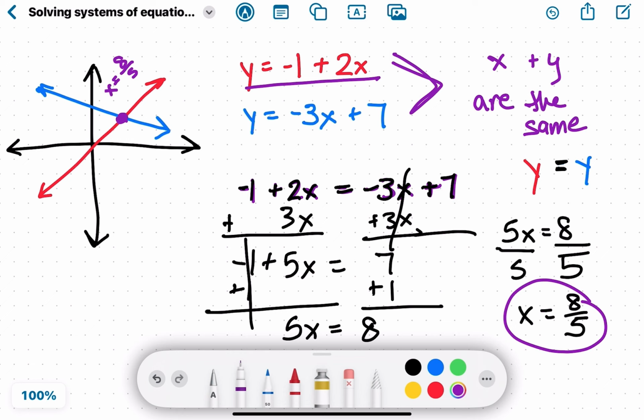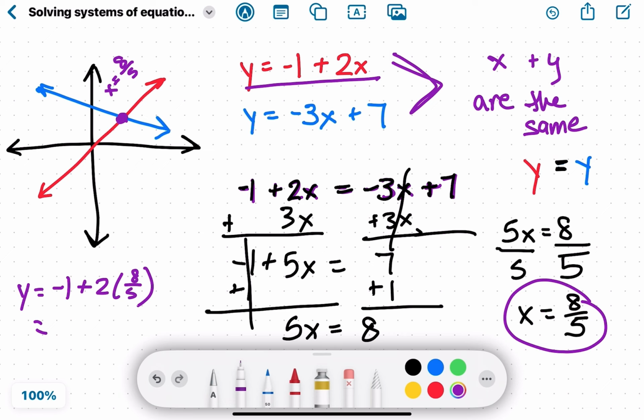So I think the red one would just be easier. So let's do y equals -1 plus 2 times 8/5. And I am going to plug that into my calculator, and I am going to see what it equals.